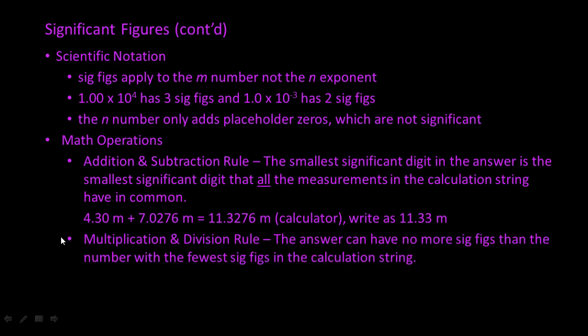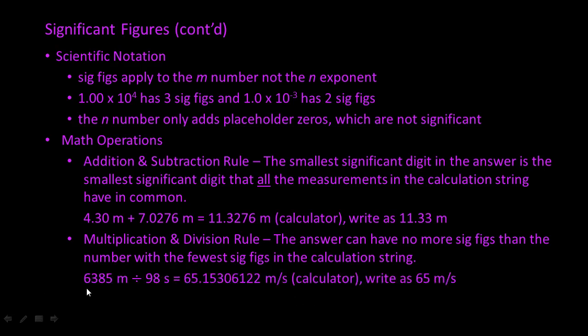Now let's look at multiplication and division. The answer can have no more sig figs than the number with the fewest sig figs in the calculation string. So in this example, we have 6,385 meters divided by 98 seconds. Our calculator is going to give us 65.15306122 meters per second.